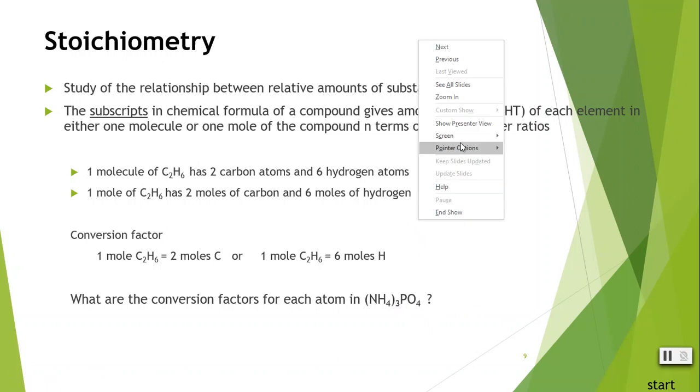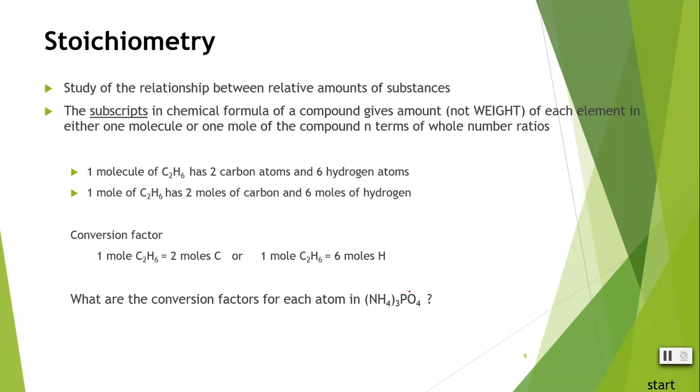The 3 goes into everything. So that means for every 1 mole of ammonium phosphate, I have 3 moles of nitrogen and 4 times 3, or 12 moles of hydrogen. 1 mole of phosphorus and 4 moles of oxygen.